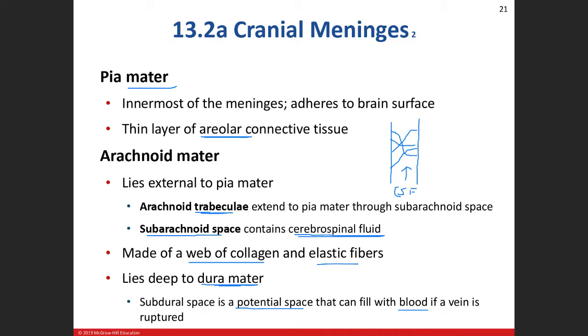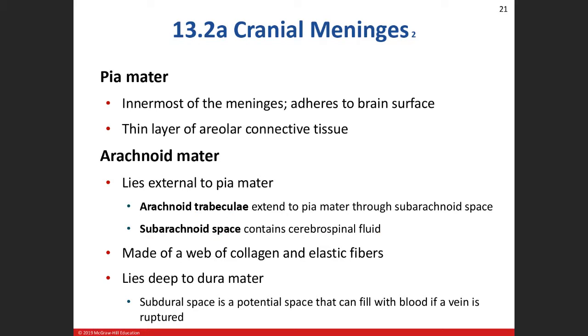If you've ever heard of a subdural hematoma, that's when one of the veins in that close proximity has been damaged and it bleeds into that potential space in between the dura mater and the arachnoid mater. But just keep in mind, in my drawing here, that's awful.